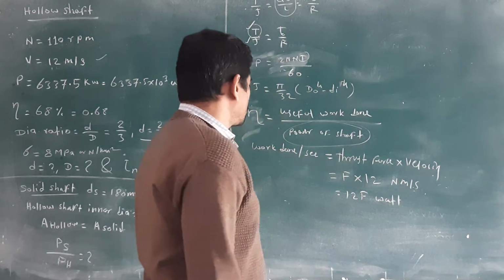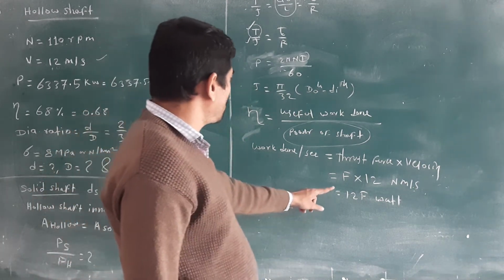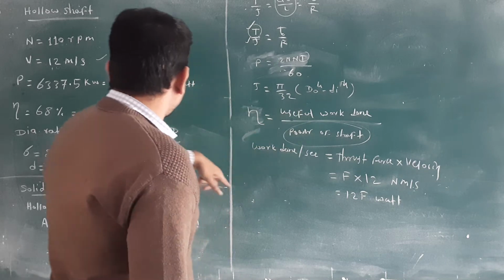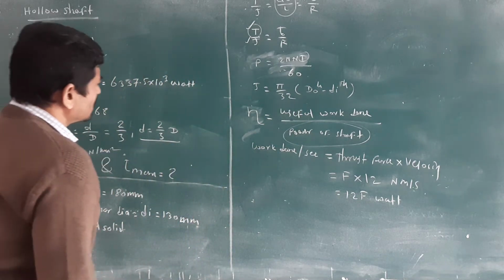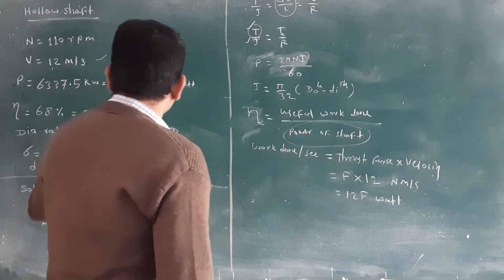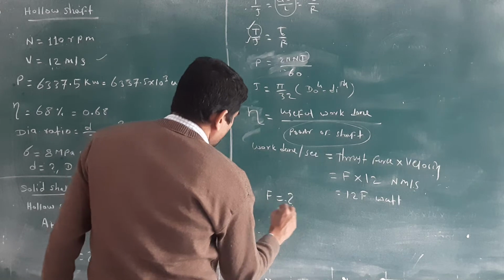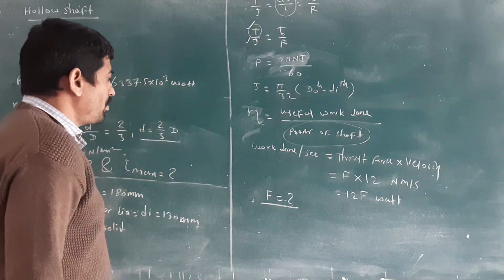We will get the force work done per second. Then you should put this value in that equation. Okay. You have given the efficiency, then you should put the 12 here and power is given. Means you will get the value of F.